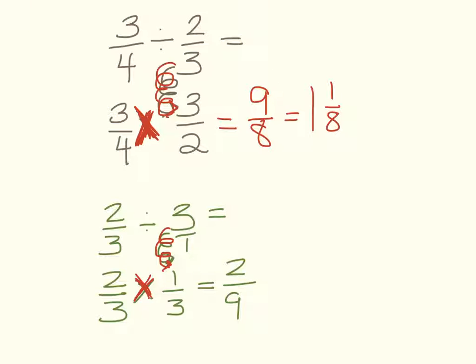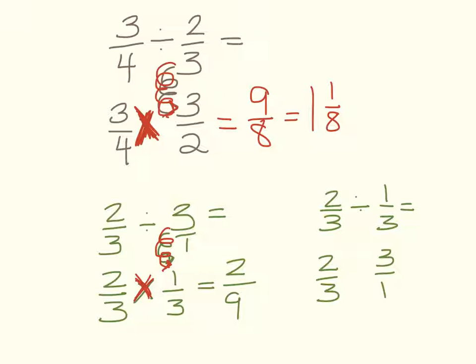Just remember, if you're dealing with a whole number, like we said yesterday, a whole number is a number over 1. So if you have to flip that one, the 1 is going to go to the top. And same thing, if I have 2/3 divided by 1/3, well, to divide a fraction, flip the second.